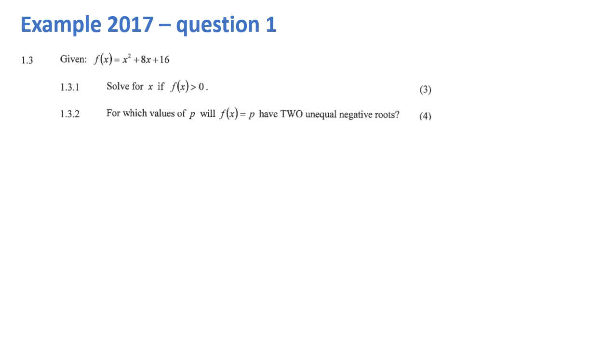Okay, so we've solved 3.1. We've done that. And now, for a special case, what we have to find, and I'm going to draw this again. So I have a function that just touches this point over here, and that's -4, 0.